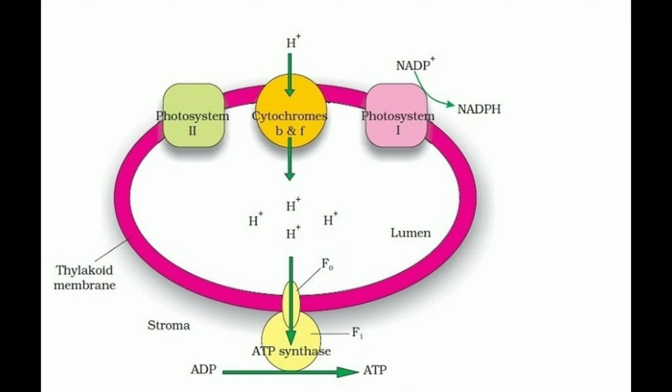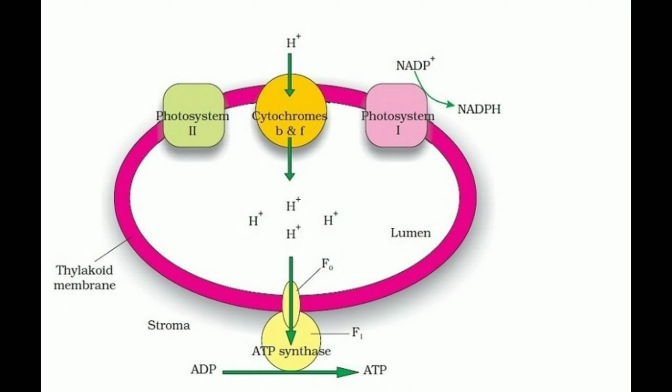This energy is used to add an inorganic phosphate to ADP, that is adenosine diphosphate, and then ATP, adenosine triphosphate, is synthesized, and the protons are passed to the stroma. So in the stroma we have the protons that are passed from the lumen, and along with those there are also some other protons.